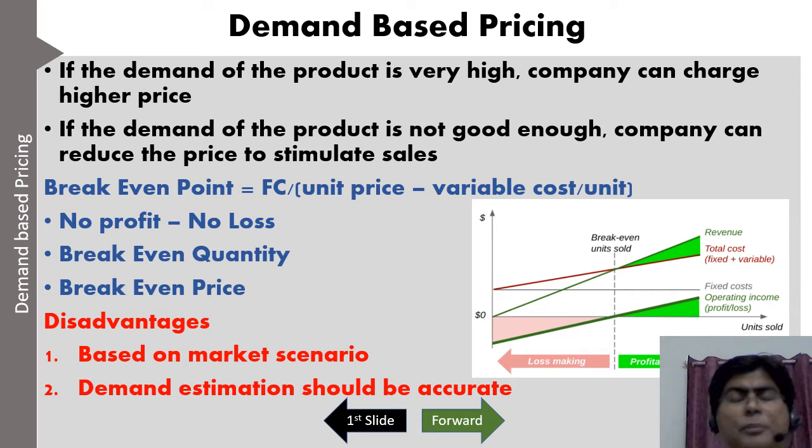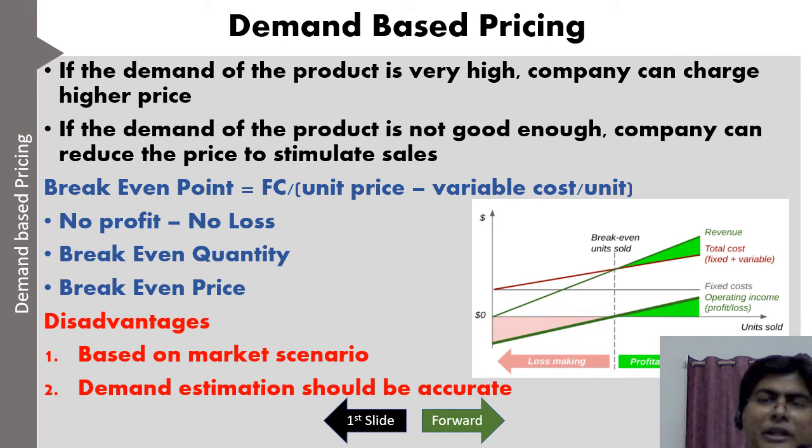If the demand for your products and services is not that great, you can reduce the prices to some extent so that you can boost your sales. Good examples are festive season discounts and sometimes stock clearing discounts. You find that the sales are not good, so you clear the stocks. Sometimes shopkeepers give you some discounts.